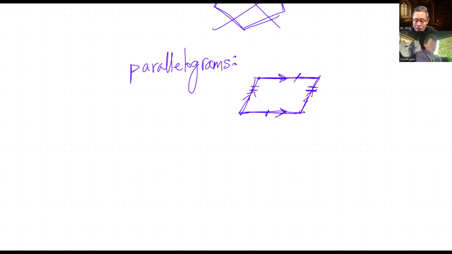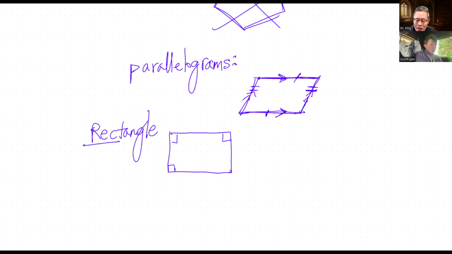Okay, from that, we got something called a rectangle. Now, a rectangle is a special kind of parallelogram. What makes it special is that the angles here are all 90 degrees. That's where the word rect comes from. Rect comes from angle, of course, that's the angle.